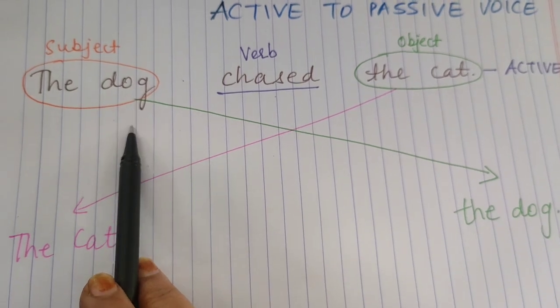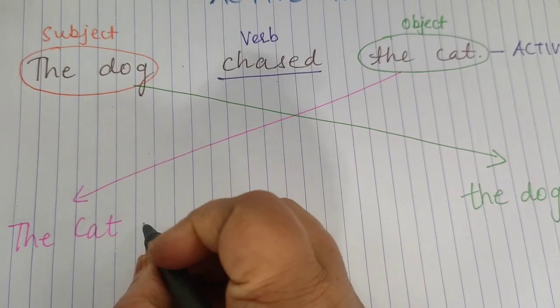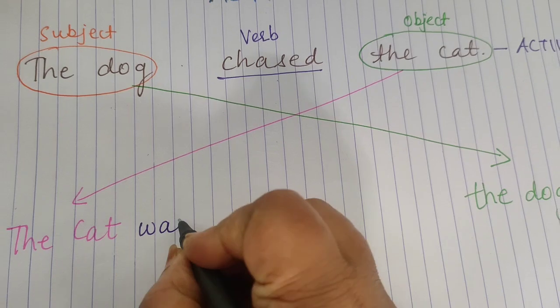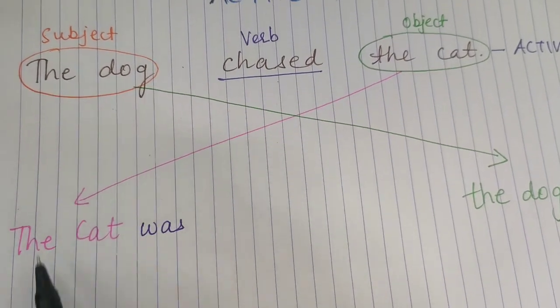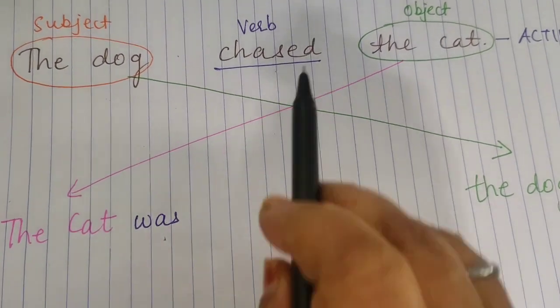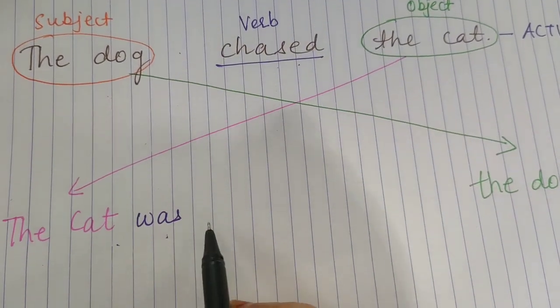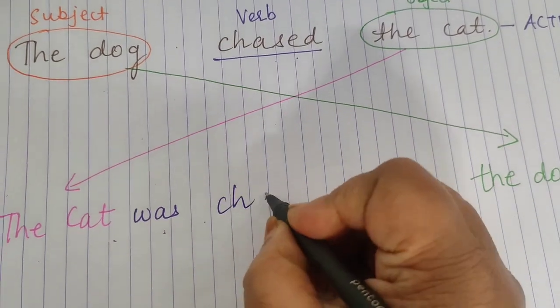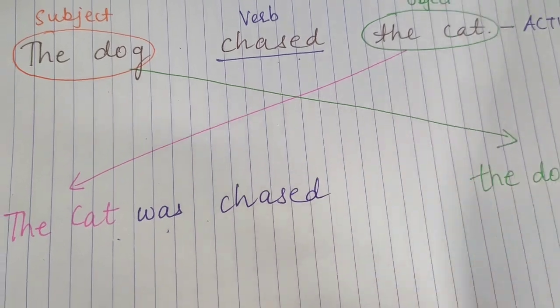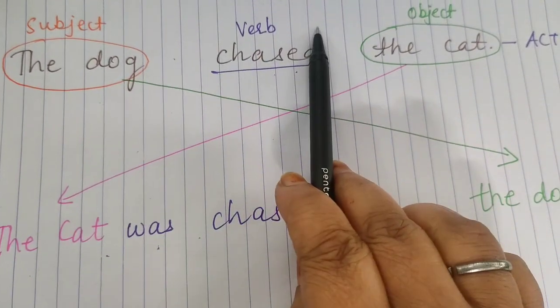What do we use? We have talked about it. It is was. The cat was. Again, this is your verb. Put it here. The cat was chased.